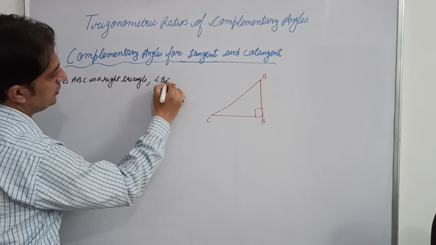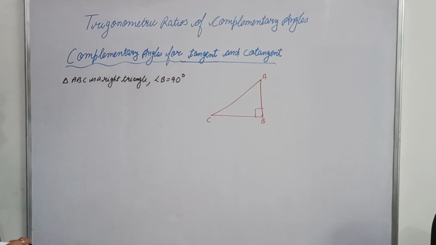Its angle B is equal to 90 degrees. So this is a right angle triangle.